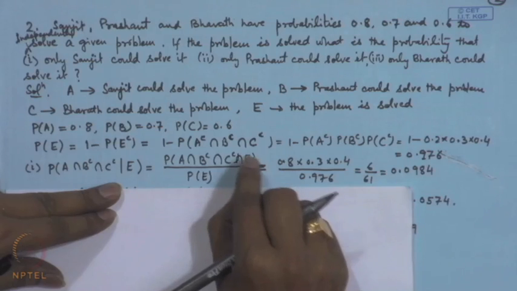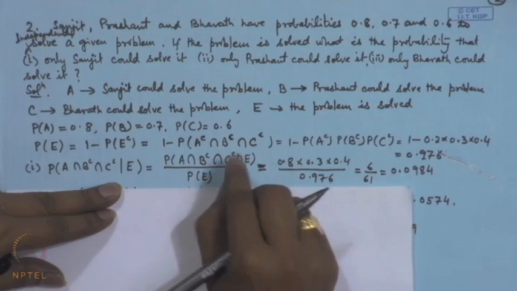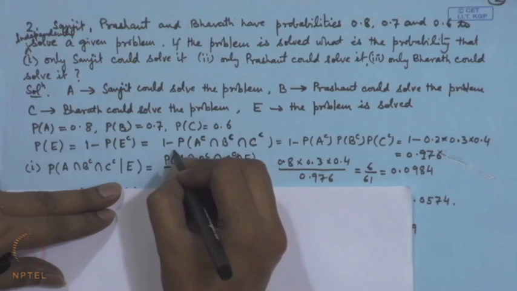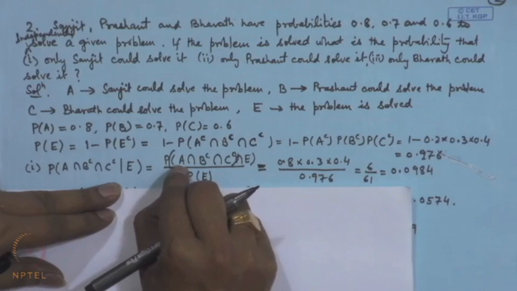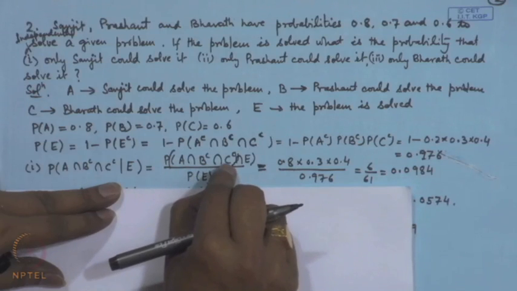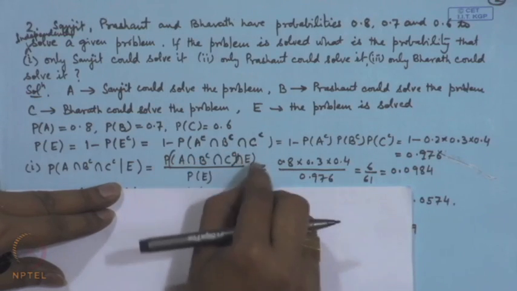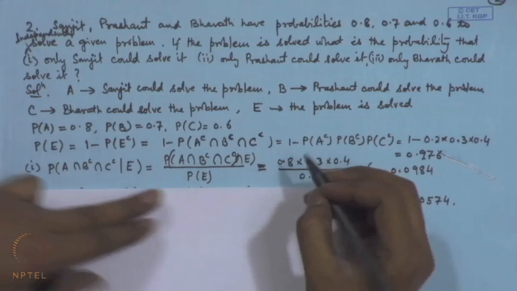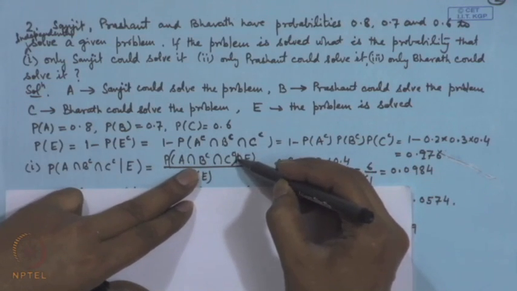Event E is that the problem is solved, whereas A intersection B complement intersection C complement denotes that Sanjeet could solve it, but Prashant and Bharat could not solve it. That means, ultimately the problem is solved. Therefore, this is a subset of E. So, we can write it as simply probability of A intersection B complement intersection C complement only. This term we need not write here.